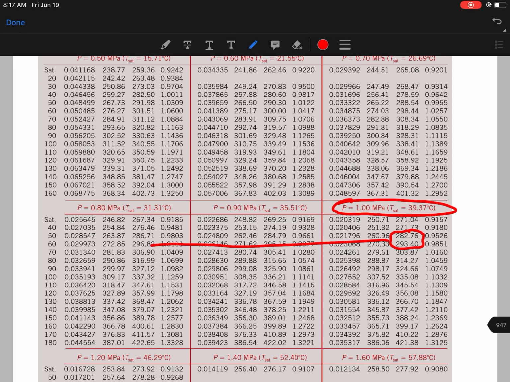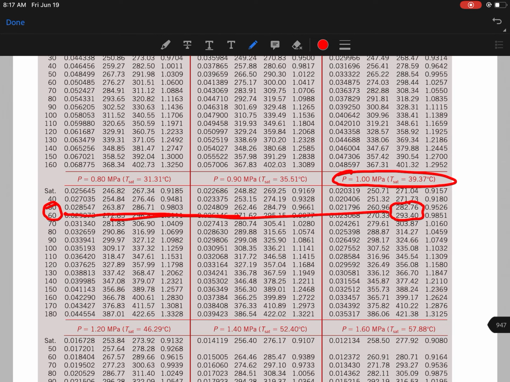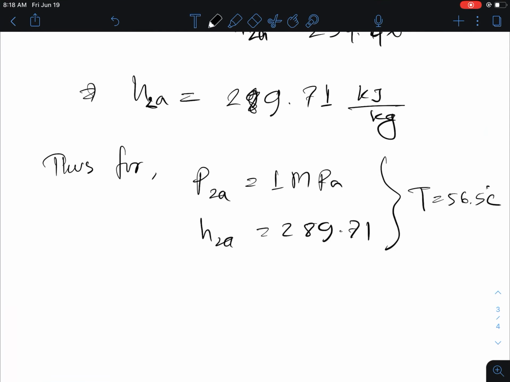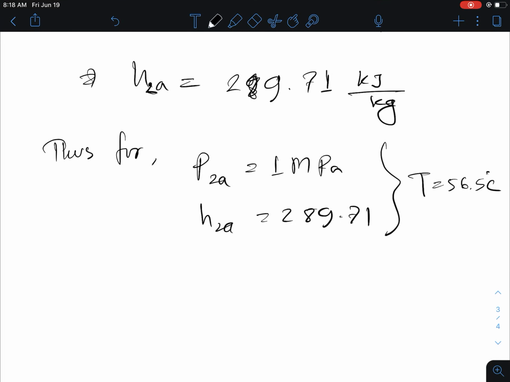If we do the interpolation along this line, it will be between 50 and 60. The interpolation result, which I already did previously, says it will be 56.5 degrees Celsius. So that's the answer. Let me color it. This is the answer A.